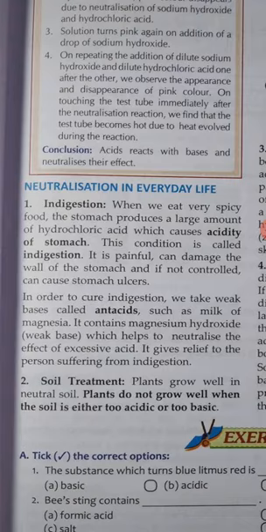Whenever acid is formed in our stomach and we take a basic substance, that is an antacid, an acid and base reaction takes place, forming salt and water. This is a neutralization reaction. Once salt and water are formed, the acidity in our stomach will not remain, so we get relief.